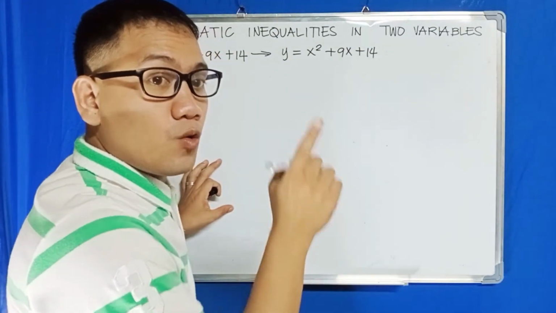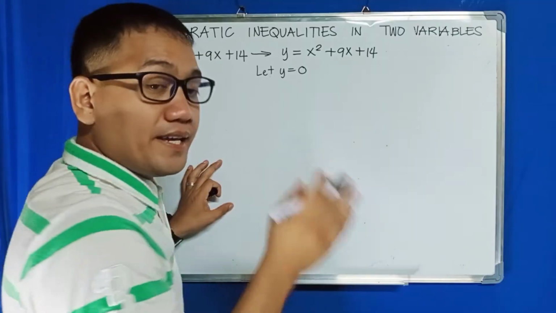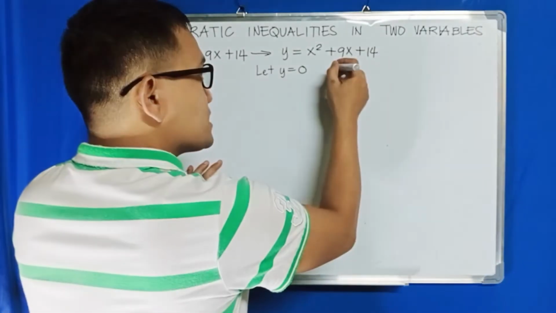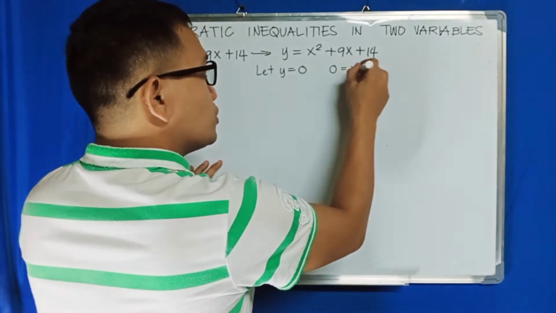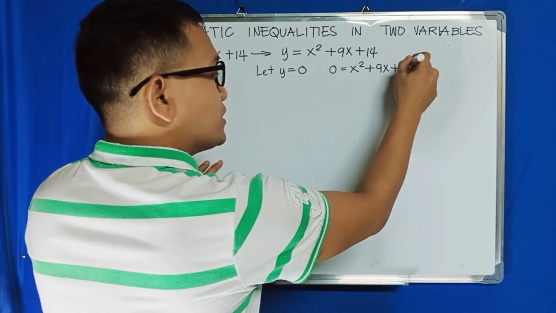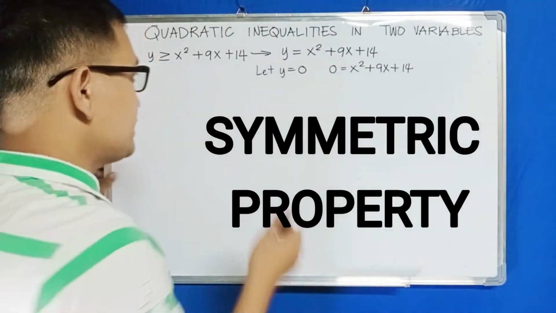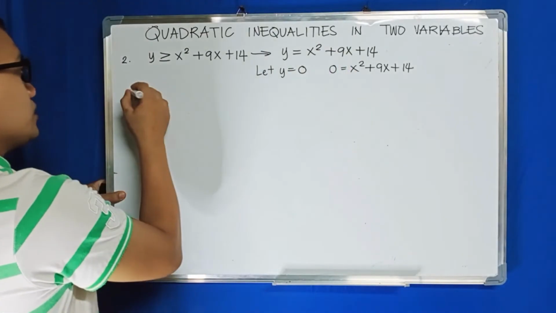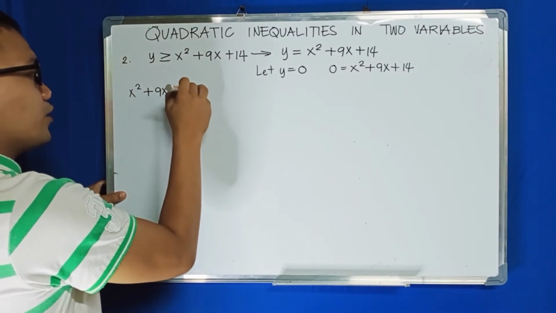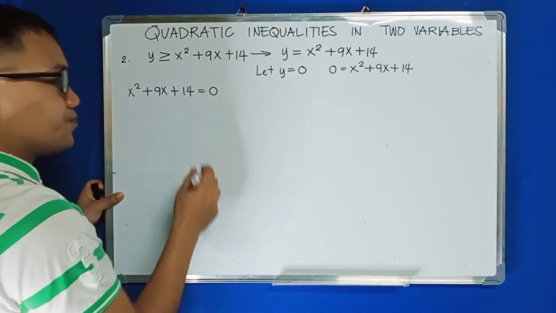Then, we will let y equal 0, making our quadratic function a quadratic equation. This leads us to 0 = x² + 9x + 14. And by symmetric property, we can write our quadratic equation as x² + 9x + 14 = 0.